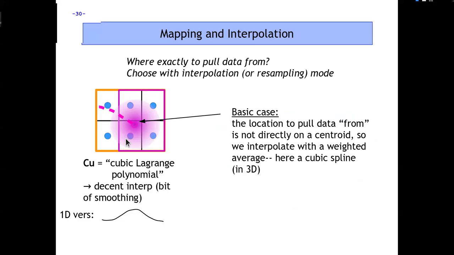We could take an average of the area around here weighted by distance from the point I want to pull from. So maybe I should take an average of mostly these two voxels with a little bit of these other ones, because the information is neither exactly this one nor exactly that one, and it's mostly that. This would be a cubic polynomial. I've weighted the coloration here by how the weighting would work for interpolating or averaging data.